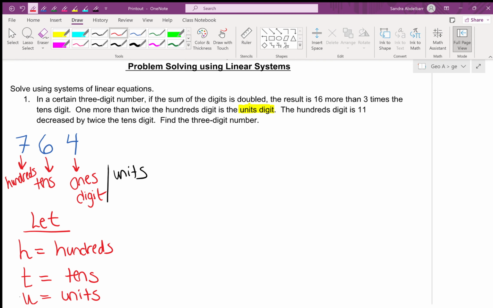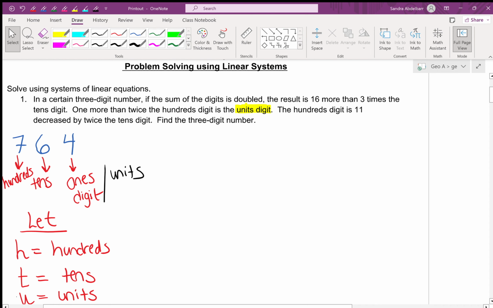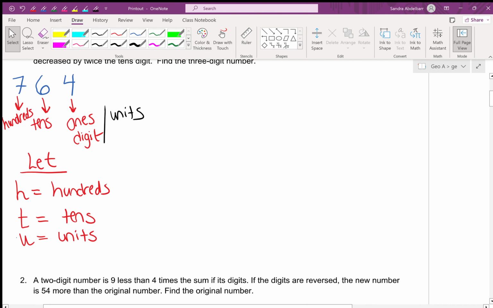Since we have 3 different variables, how many different equations do I need? 3. Whenever you're solving a system of equations, you need a different equation for however many different variables you have. So if you have 2 different variables, you need 2 different equations. If you have 3 different variables, we need 3 different equations.